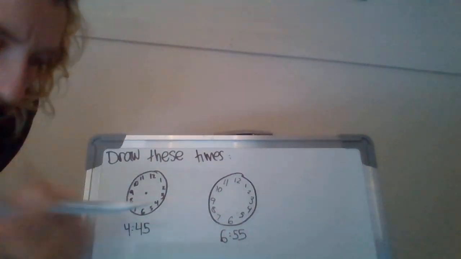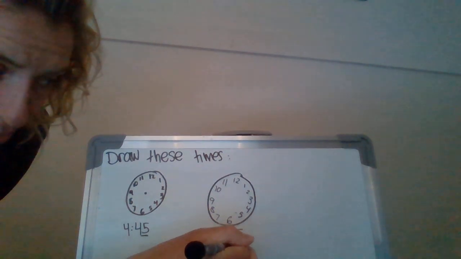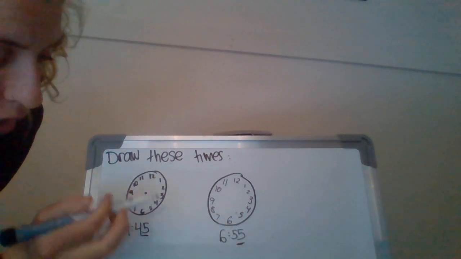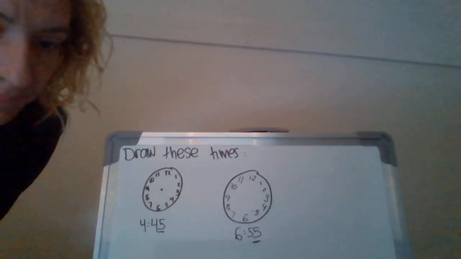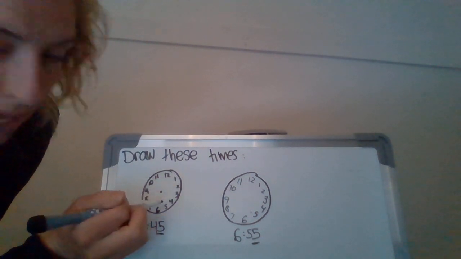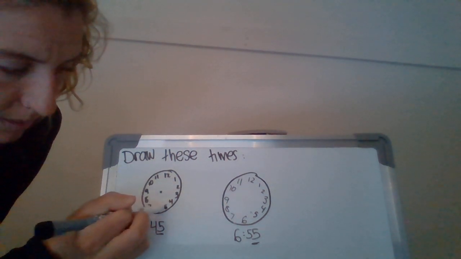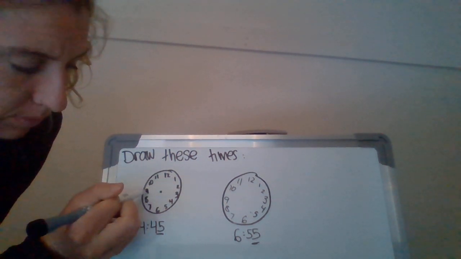Okay, so I'm going to start by doing the minute hand because I see that these are tricky times because one is 45 and one is 55, which means that they're almost the next hour. So I'm going to start with the minute hand. Now I'm going to count by fives to get to 45 because I know that the minute hand goes by fives. 5, 10, 15, 20, 25, 30, 35, 40, 45.